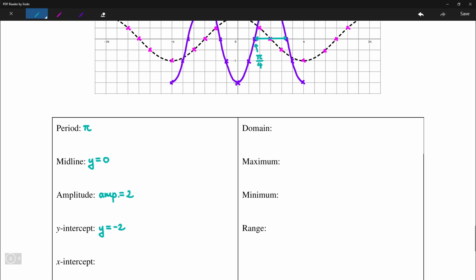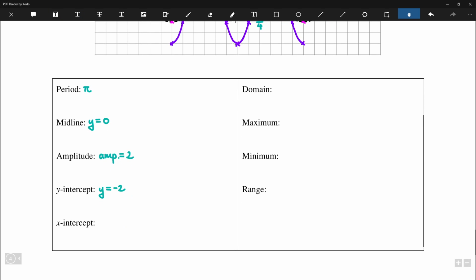And going in the other direction, this is also pi over 2. So every single one of the x-intercepts are pi over 2 apart, whereas regularly they will be pi apart. So what we have for the general solution of the x-intercept is x is equal to pi over 4, the principal solution, plus pi over 2, half the period, times n, where n is an integer.